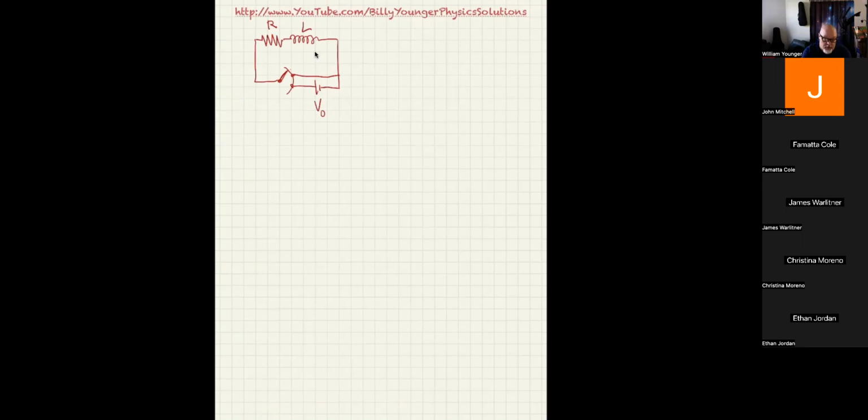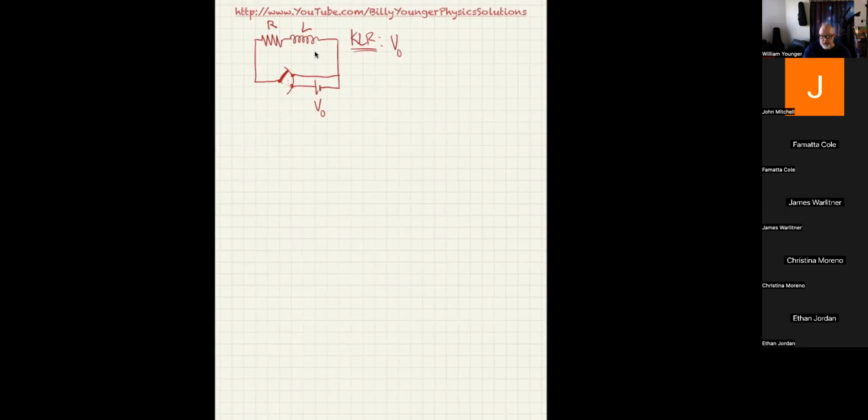And when I close the switch, and by that I mean when the switch goes over to connect to the battery, we can actually use Kirchhoff's loop rule. Kirchhoff's loop rule says basically that the battery V0 is a voltage increase. So if I start to the right of the battery, that's a voltage increase of V0.